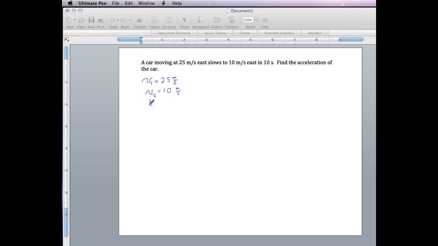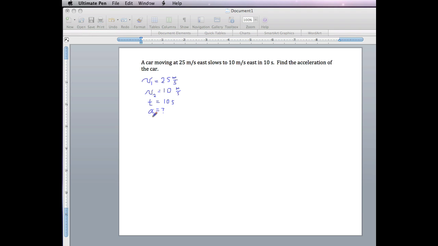The time, t, is 10 seconds. The acceleration is what we're looking for.